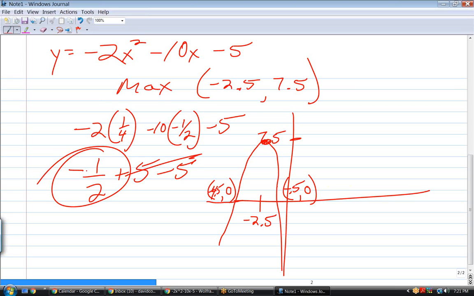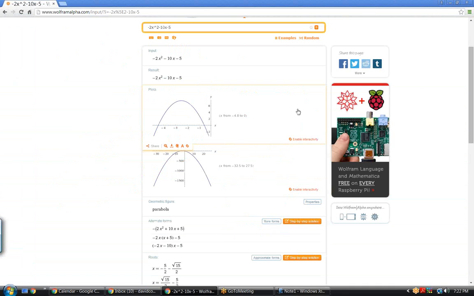I got minus 1/2. So minus 0.5 is not an exact 0. And the other thing that I suspect they want you to do in Algebra 2 is put precise numbers. In other words, don't round stuff off to so many decimal points.